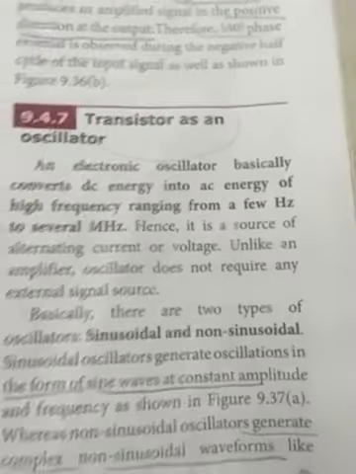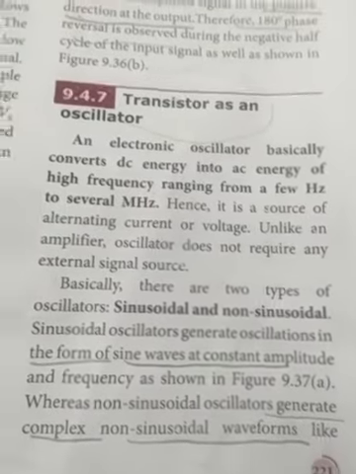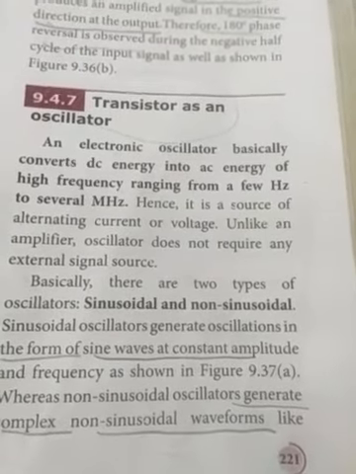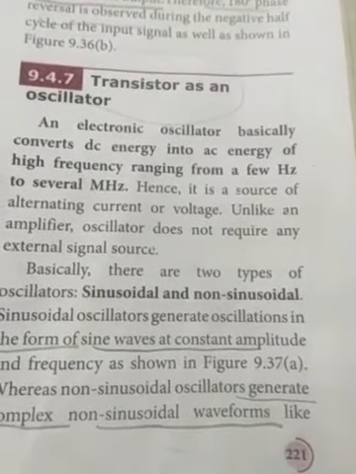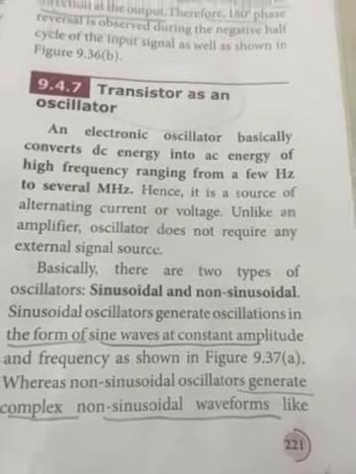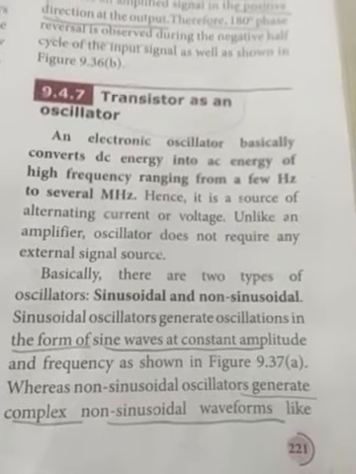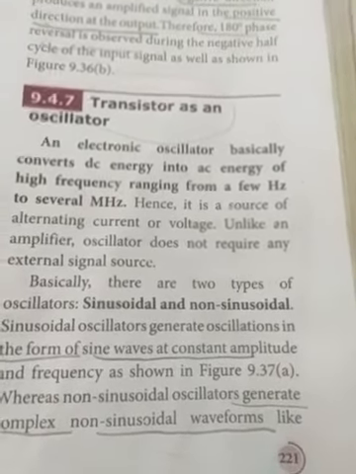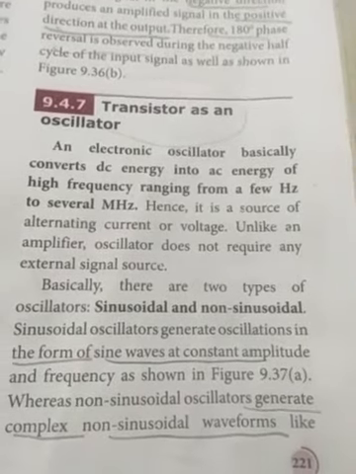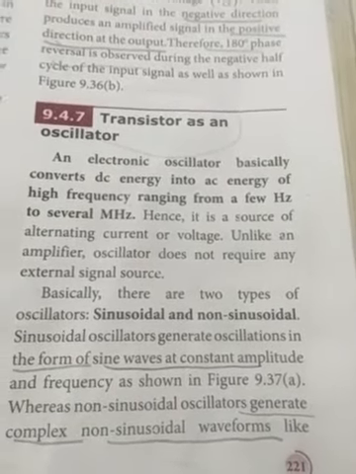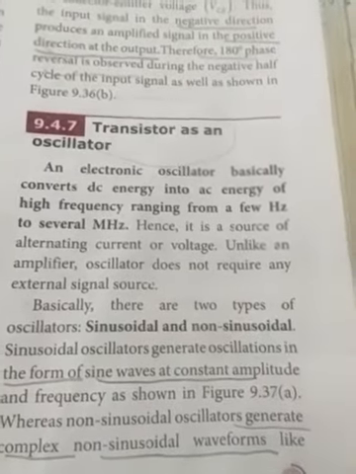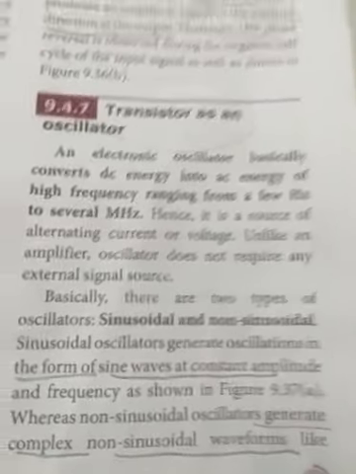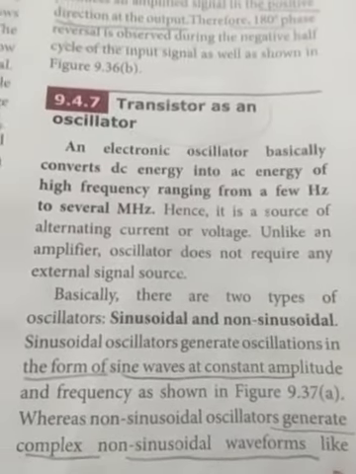Next, basically there are two types of oscillator. One is the sinusoidal oscillator, the second is the non-sinusoidal oscillator. What does the sinusoidal oscillator do? It generates oscillations in the form of sine waves at constant amplitude and frequency.